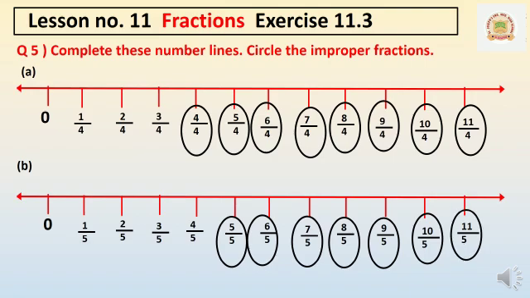So these all are improper fractions. 1 by 5, 2 by 5, 3 by 5, 4 by 5 are all proper fractions. Like this, by keeping the rules, we have to solve the exercise, children.